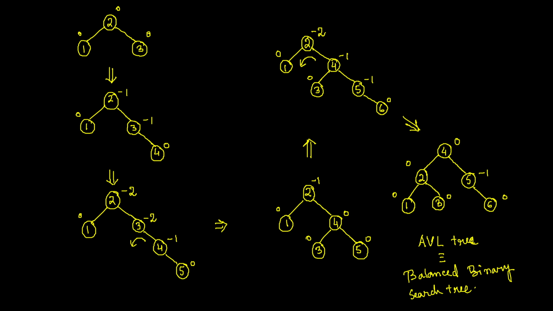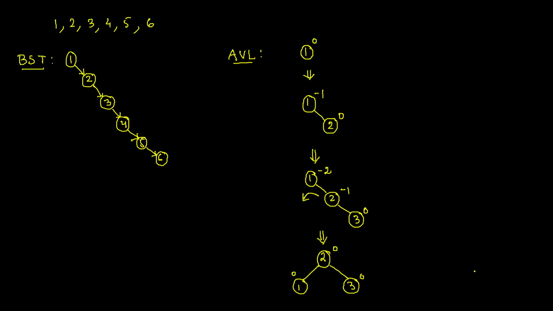So if a set of numbers is given to you to create the AVL tree, you have to do it this way. But you should write in between these two what actually you have done, like you are inserting 2, here you are inserting 3, like this.